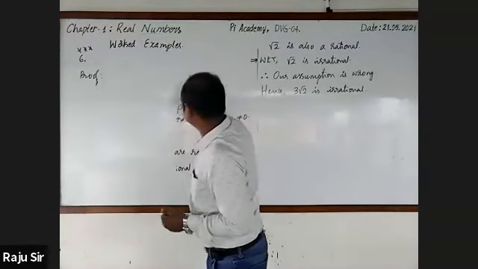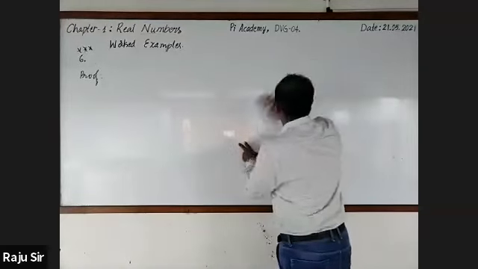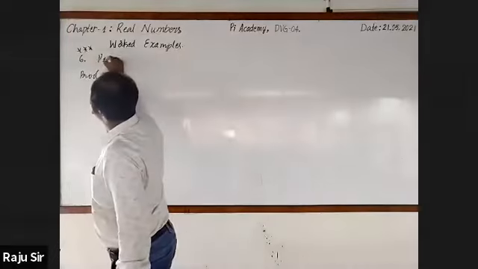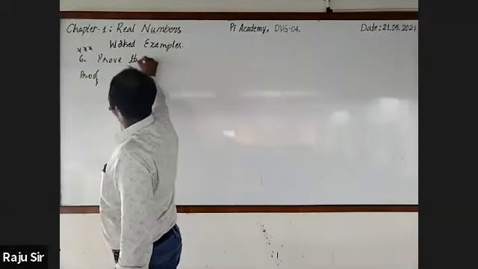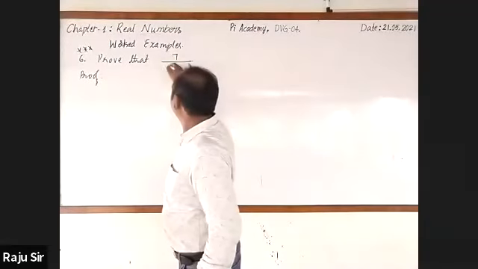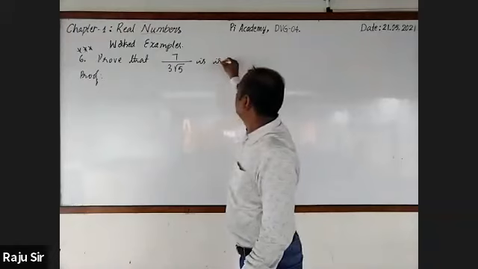Prove that 7 by 3 into root 5 is irrational.